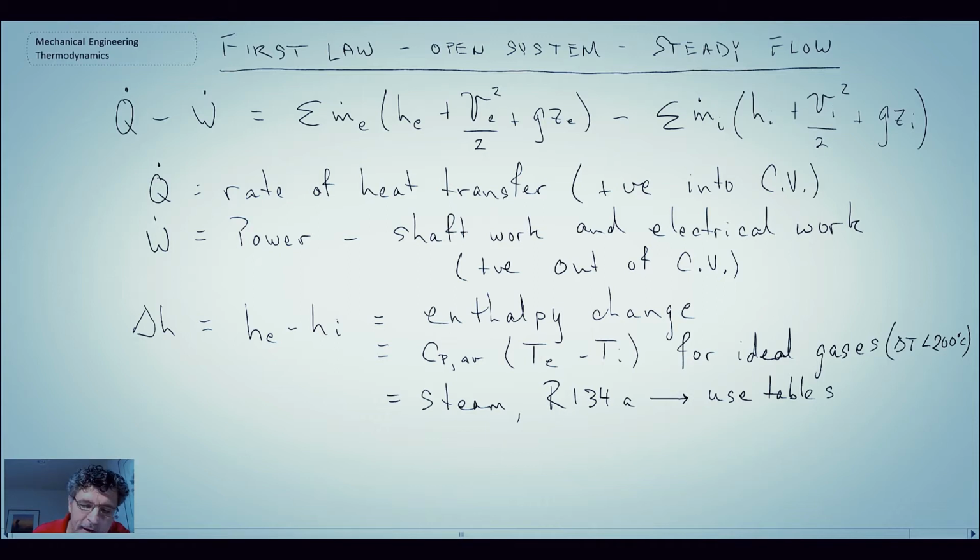And finally, in this equation, we have the mass flow rate. That's the mass flow rate into or out of our control volume. So that's the first law for an open system.